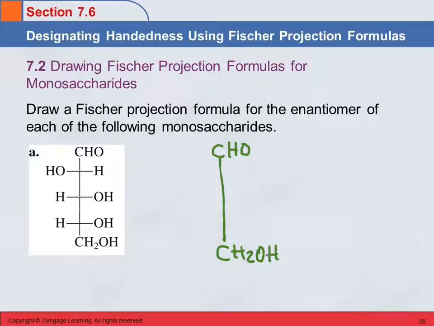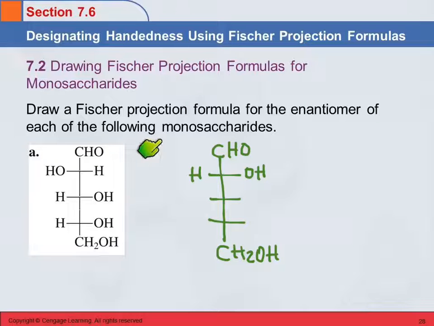They have no particular orientation that we have to worry about. And then this one has 3 chiral carbons down the middle, and I'm just going to mirror the other one. So the original has OH on carbon 2 on the left side, so I'm going to put it on the right side.